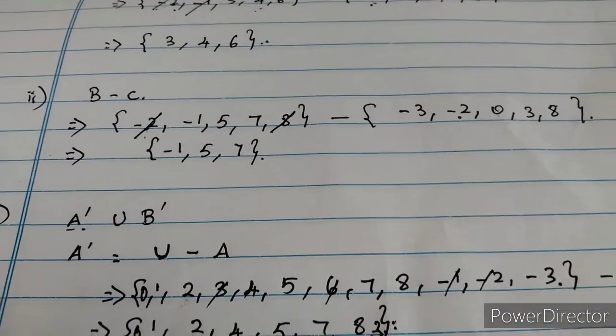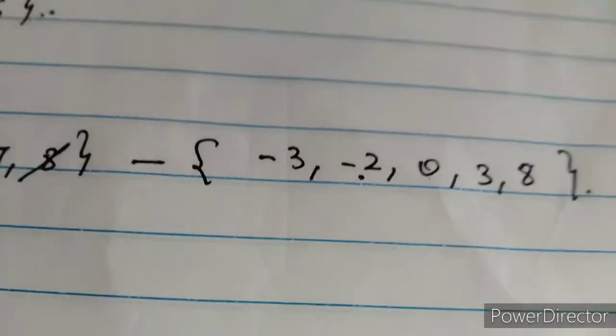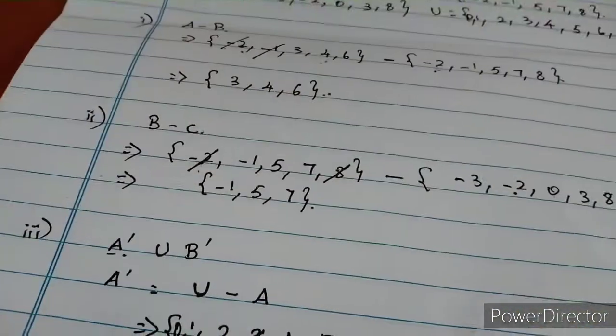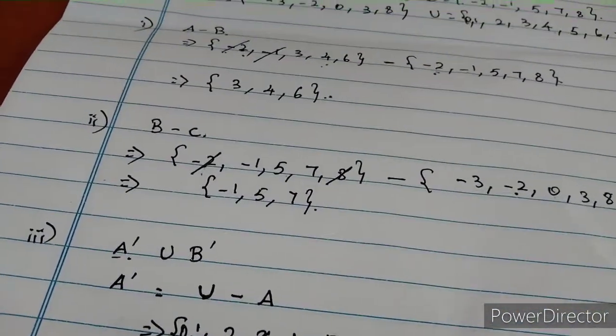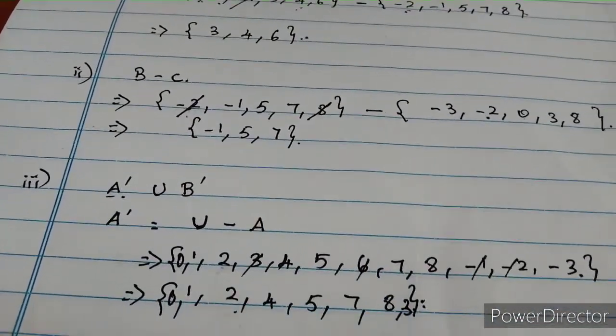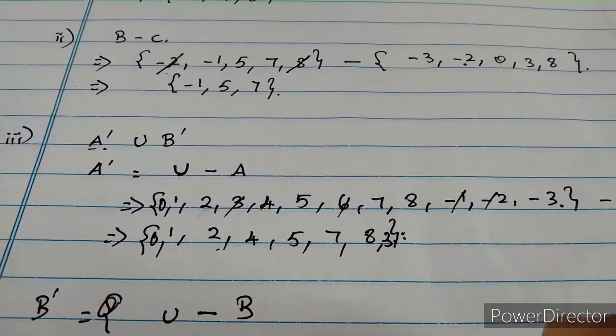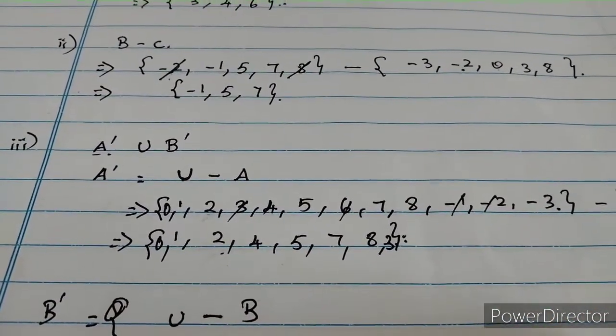Now find out the complement of B. Complement of B is U minus B. U is 1, 2, 3, 4, 5, 6, 7, 8, -1, -2, -3.